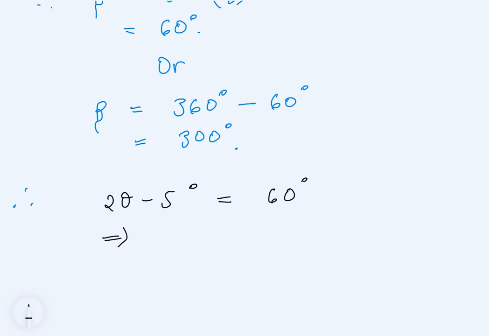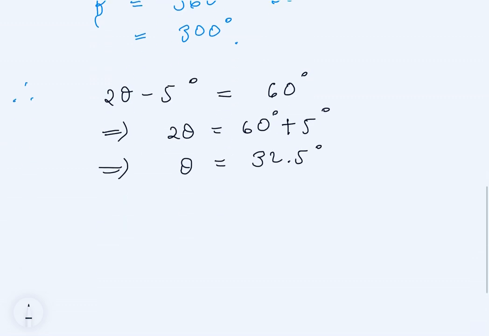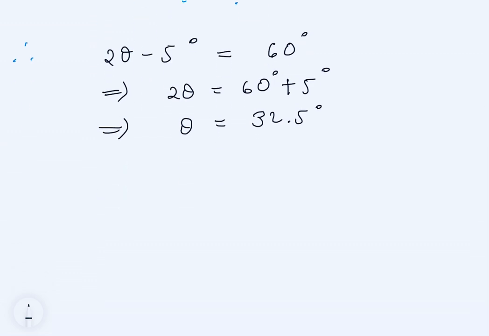And this implies that 2 theta is equal to 60 degrees plus 5 degrees. Now we divide both sides by 2, and we end up with theta is equal to 32.5 degrees. So that's the first value of theta in our solution.